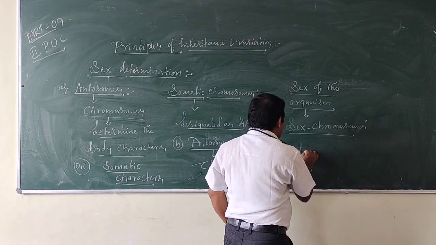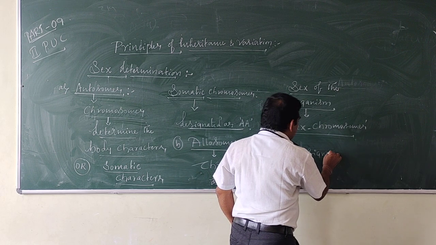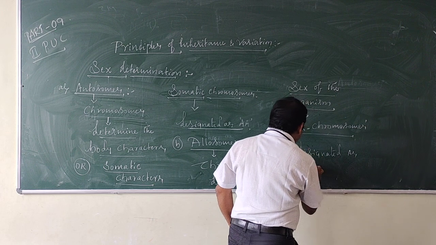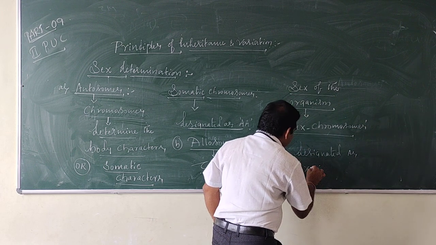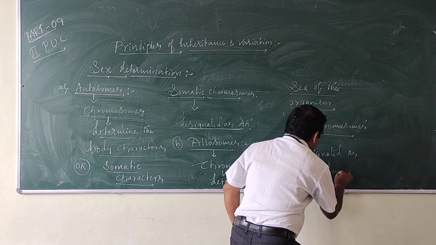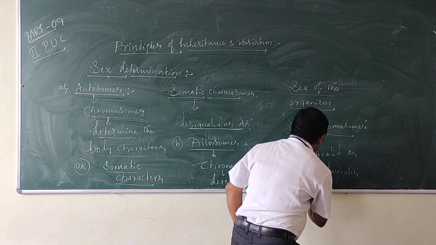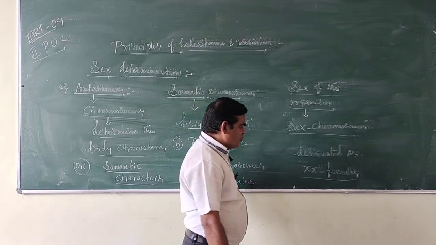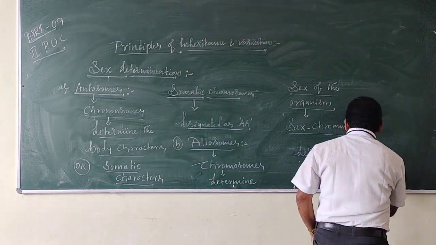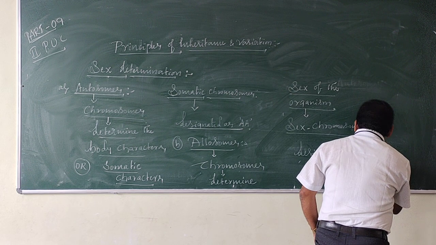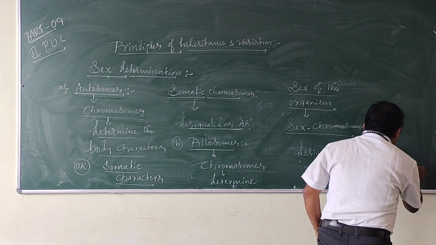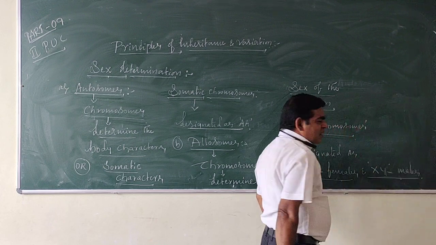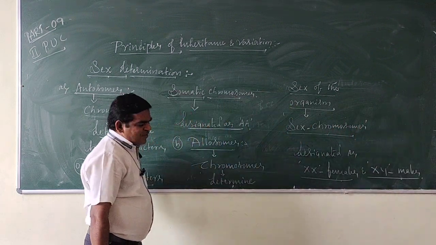Allosomes are designated as XX in females, similar chromosomes, and XY in males, dissimilar chromosomes.